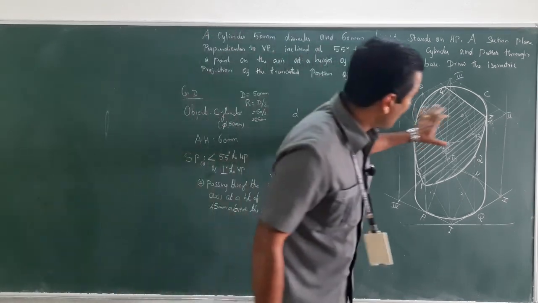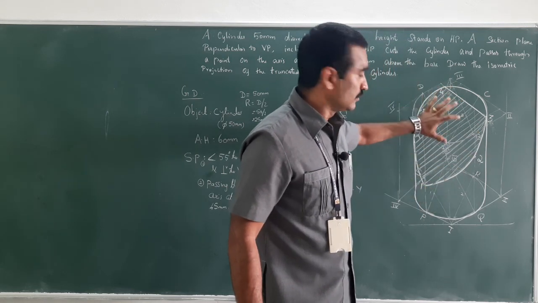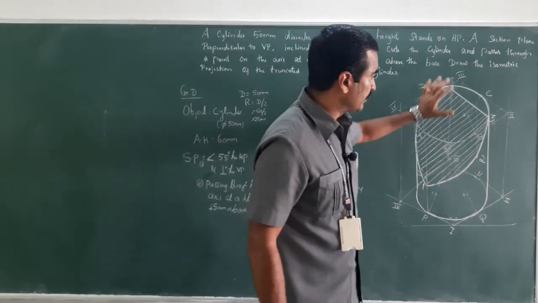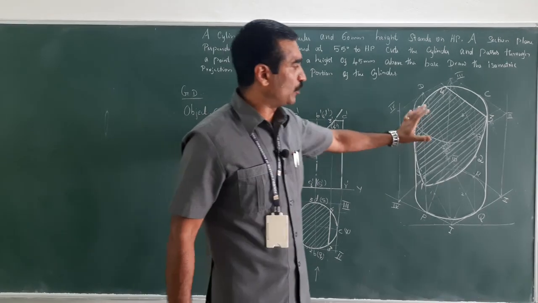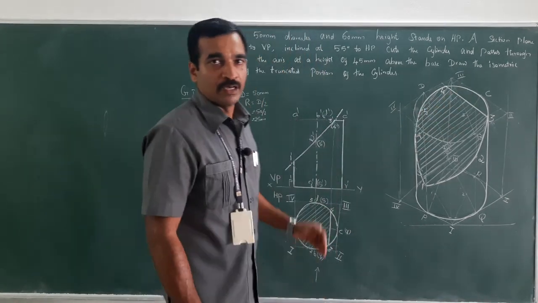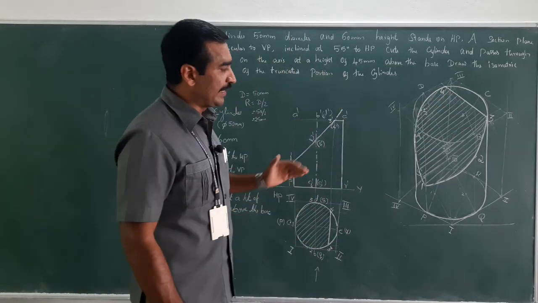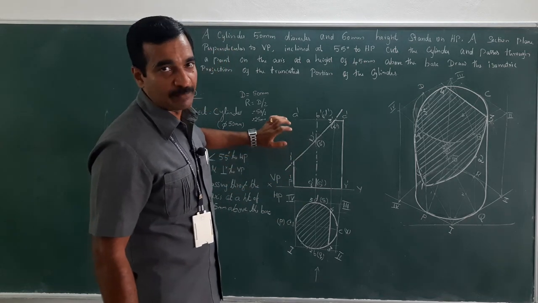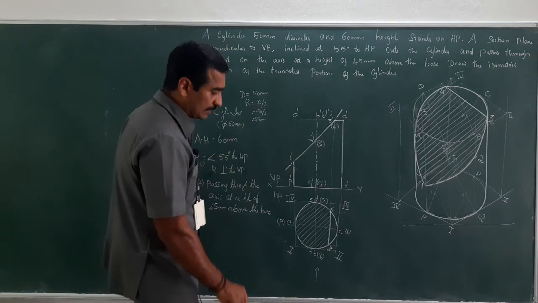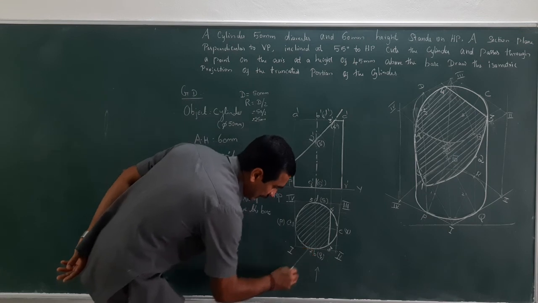So with this, I have completed the construction of the isometric projection, that is, a truncated portion of the cylinder. After completing the 3D, I will have to mark the dimensions. First, I will mention the diameter.